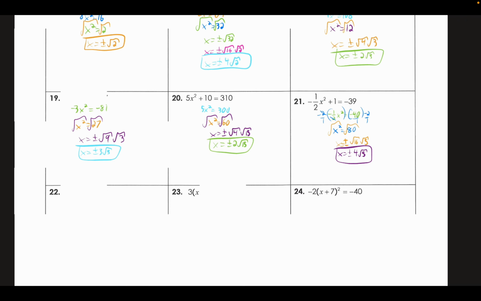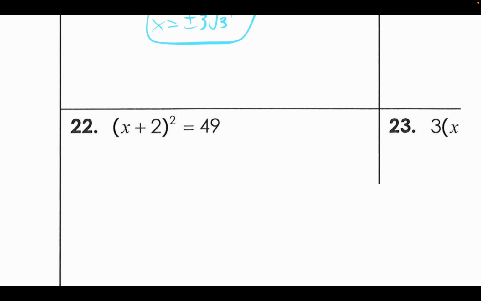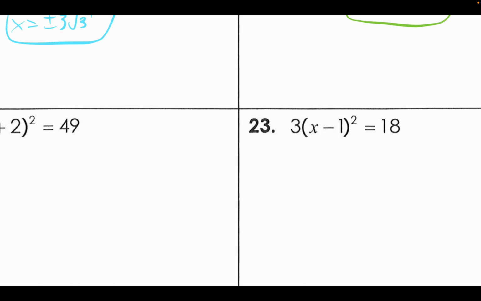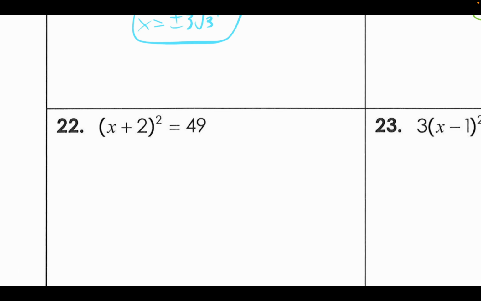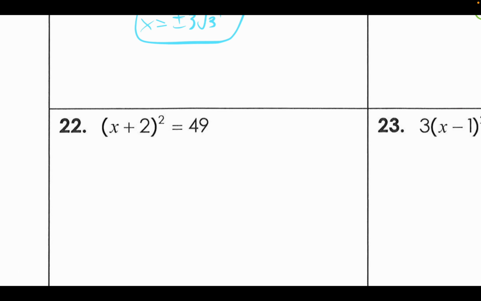Number 22, as I mentioned earlier, I said in step 1, don't just say rewrite the equation as x squared equals n, but rather clarify that it is isolating the squared term. And this is why. Now our x is not being squared, the 2 is not being squared, but rather that entire quantity or parenthesis is being squared. So this is actually isolated. 23 is not because there's a 3 outside the parentheses that's being squared, but in 22, the squared term is isolated.